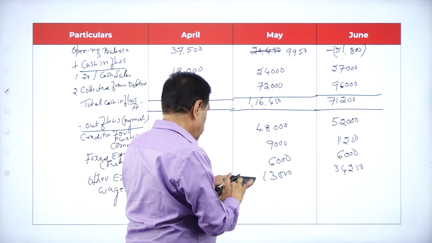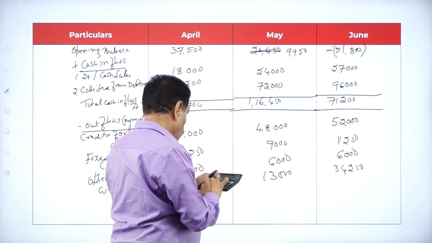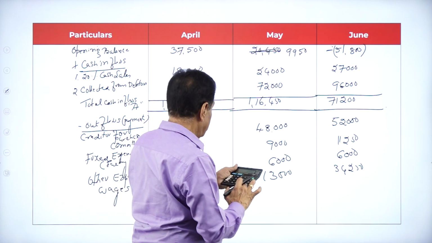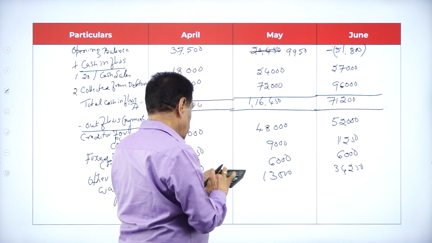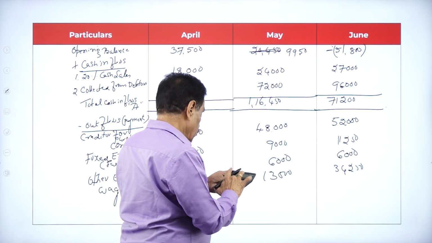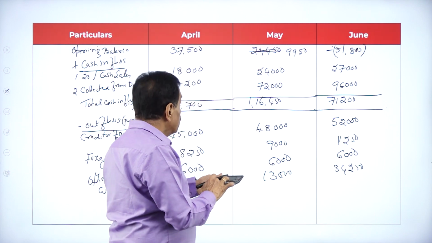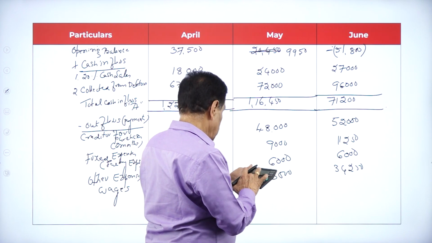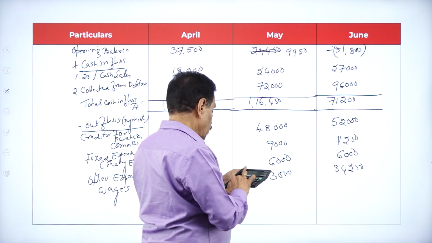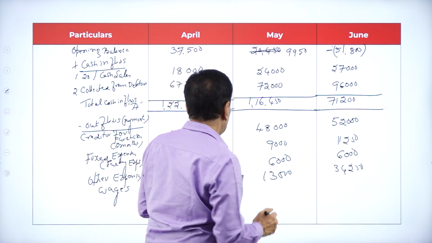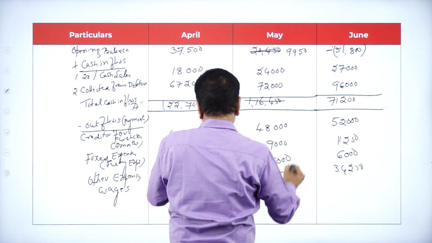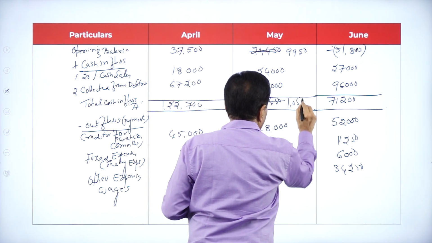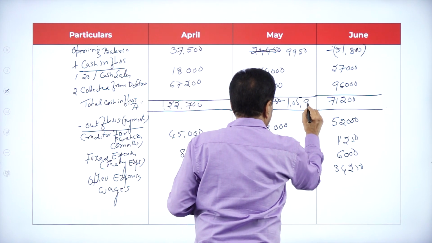Add the figure. 9,950 plus 24,000 plus 72,000. 1,05,950.